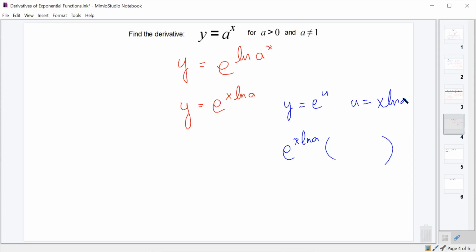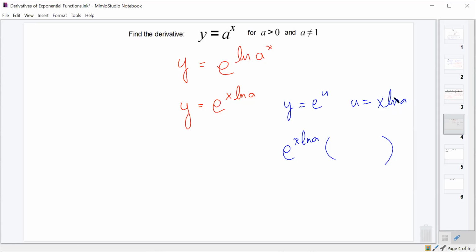Would it be a derivative of a constant? x is not a constant, so. What is a? Just what is a? a is a number, isn't it? Yeah. True. What's the natural log of a number? It's another number, right? So what do I have?